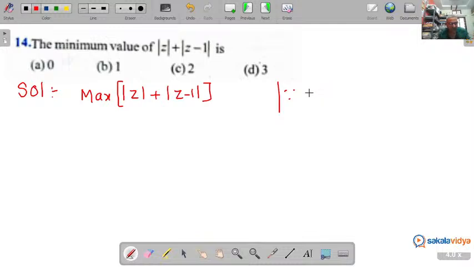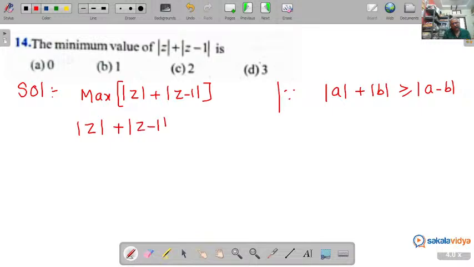What is the formula? For modulus of two numbers, mod a plus mod b is always greater than or equal to mod of a minus b. So mod z plus mod of z minus 1 is greater than or equal to z minus of z minus 1, which is z minus z plus 1.